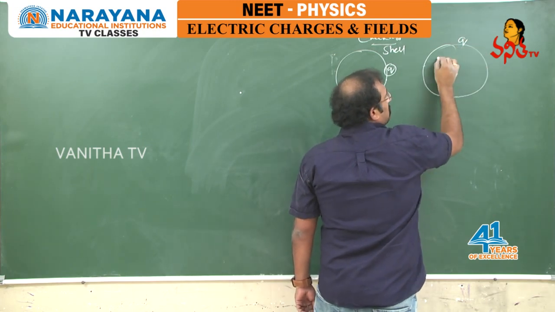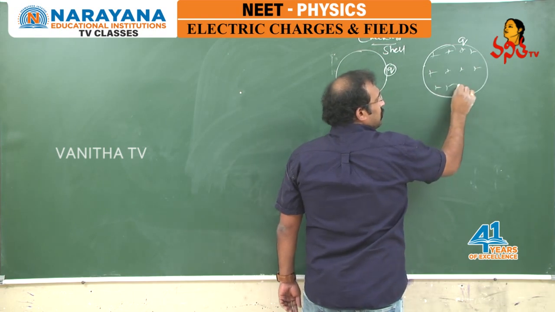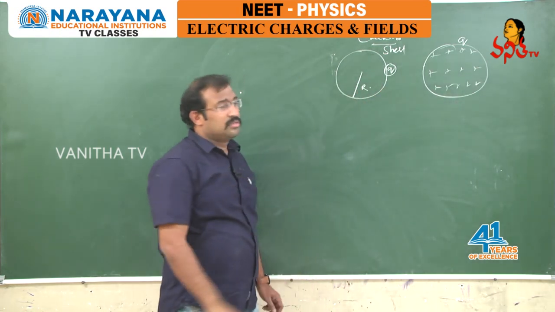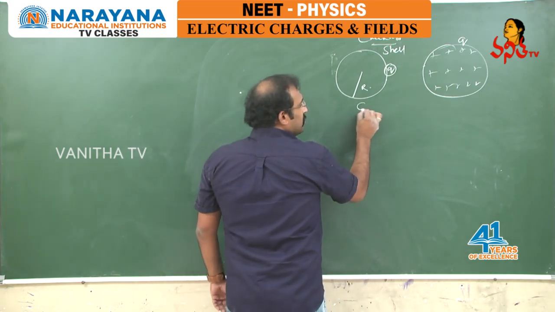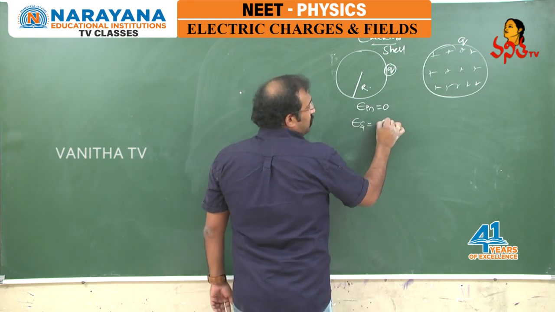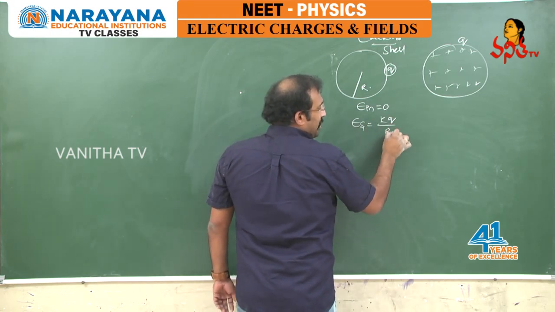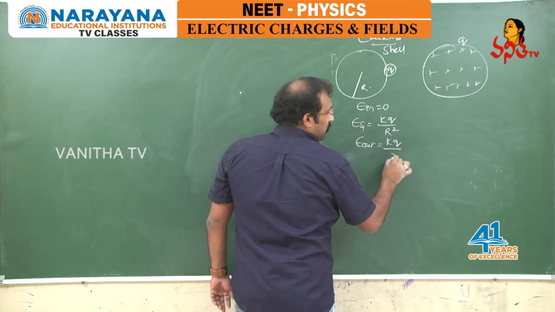This is a solid sphere, non-conducting. For the shell, I will write E inside is equal to 0, E on the surface is equal to kq by r square, E outside is equal to kq by r square.